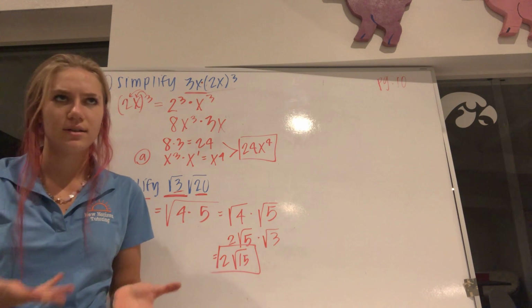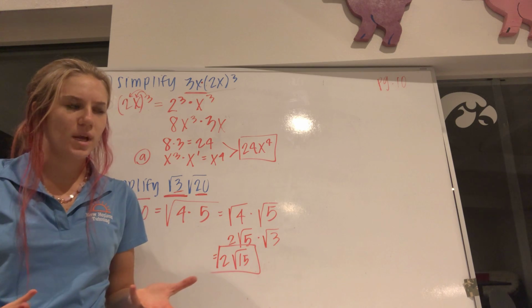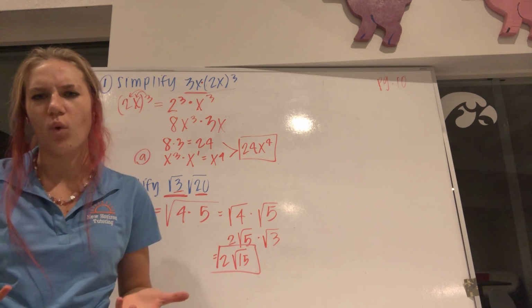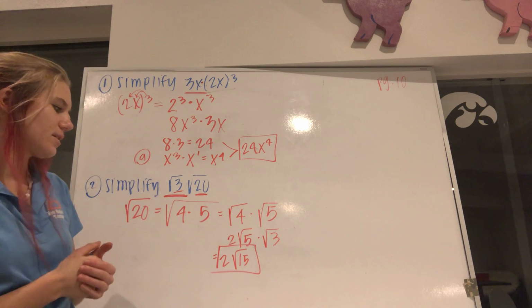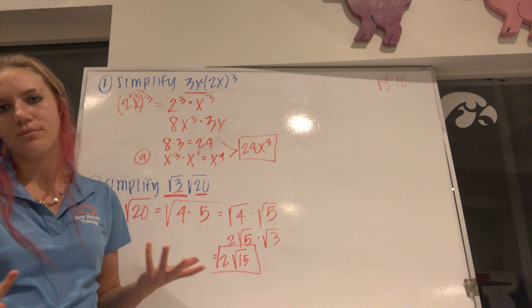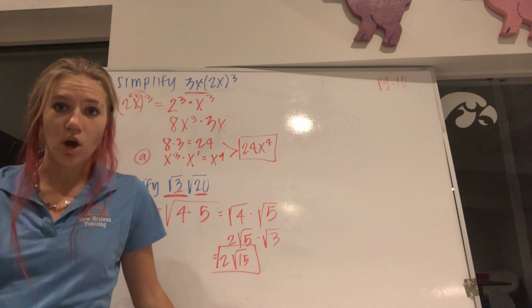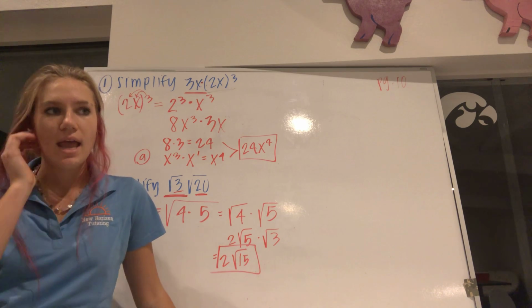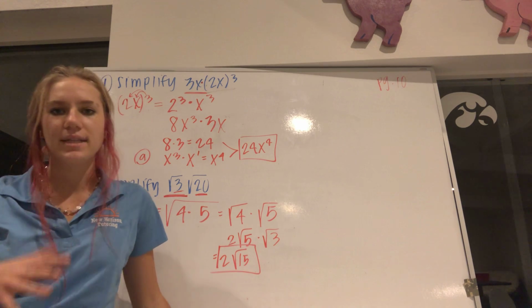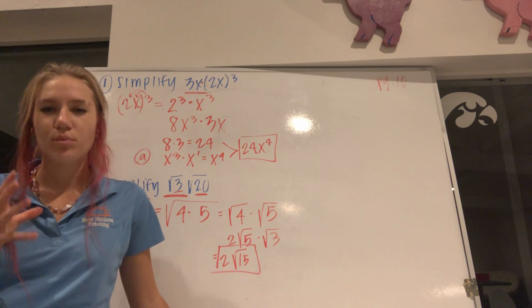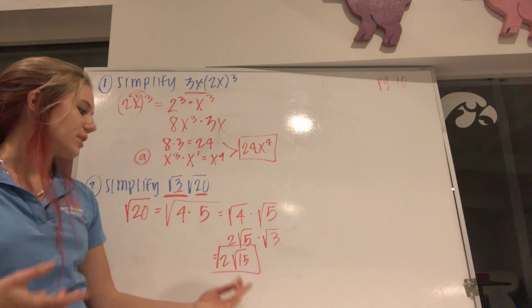It'd be almost 4, because it's almost the square root of 16, which is 4 flat. But it'd be some infinitely long non-repeating decimal, and that means that we have to round it out, and then it's technically not as precise or accurate as it is just to keep it like that.